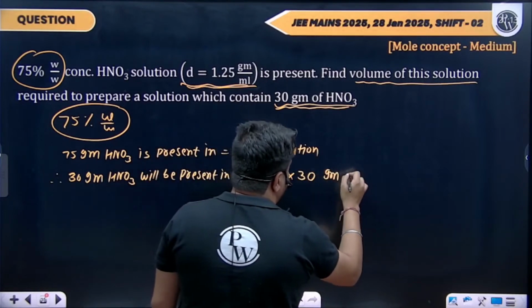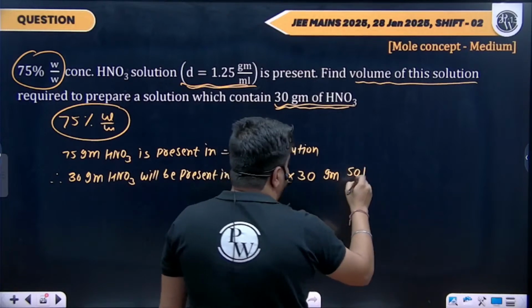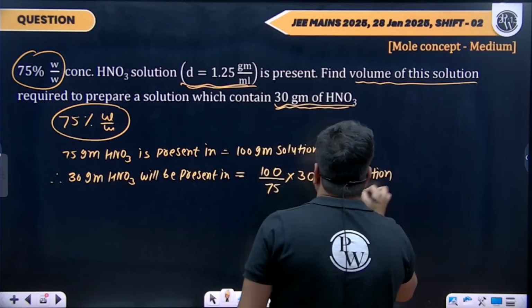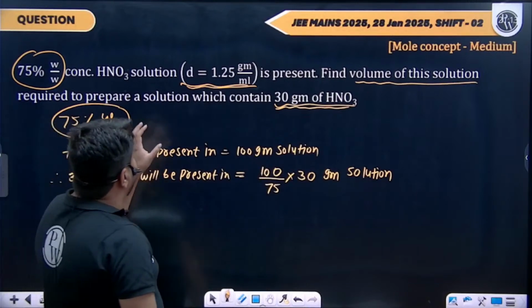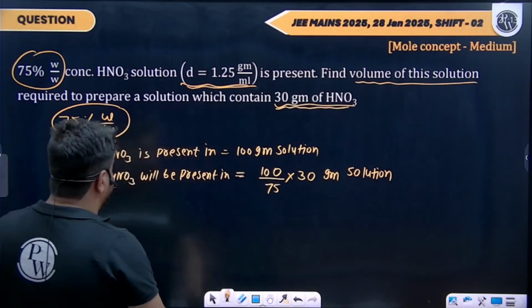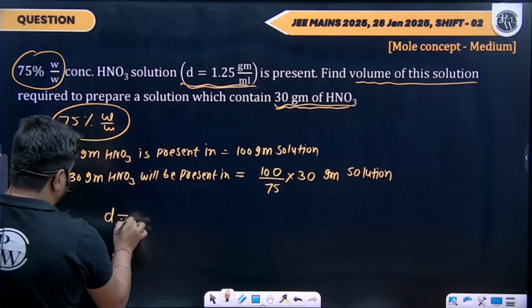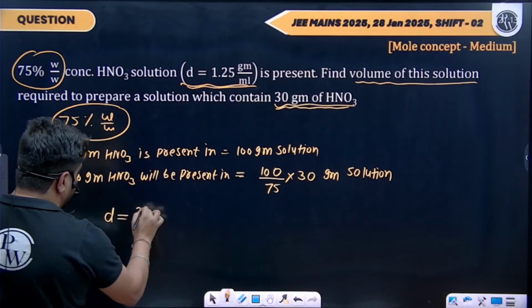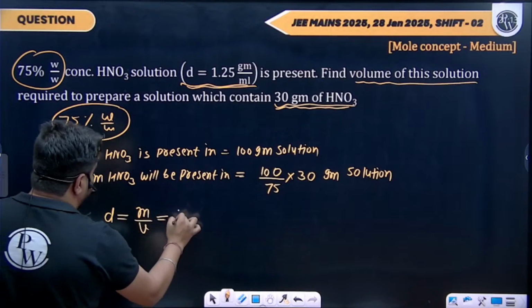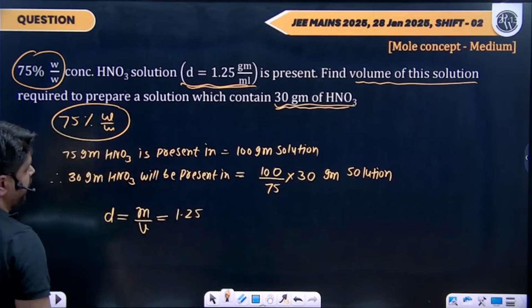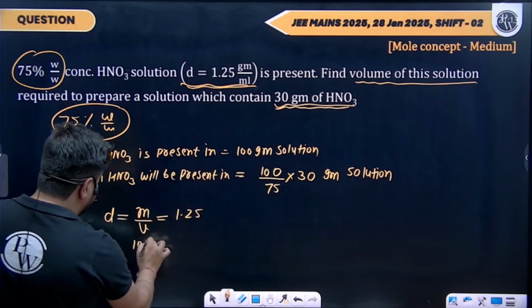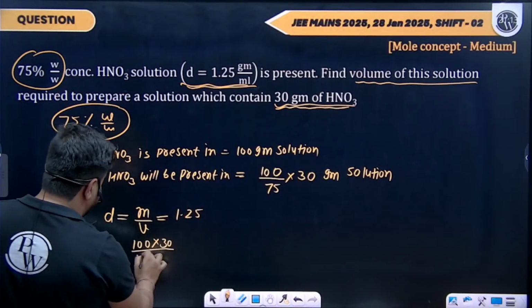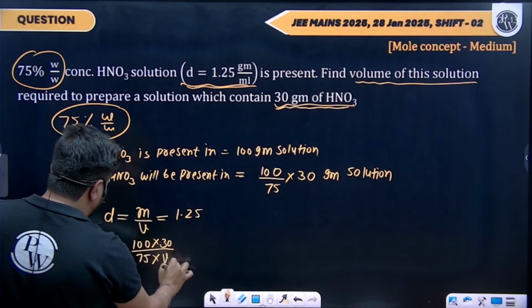This is the value of the mass of solution. To find the value of volume, we know density equals mass upon volume, and density is given as 1.25. So if we put the value of the mass of solution here, 100 into 30 divided by 75, we get the volume of solution in ml.